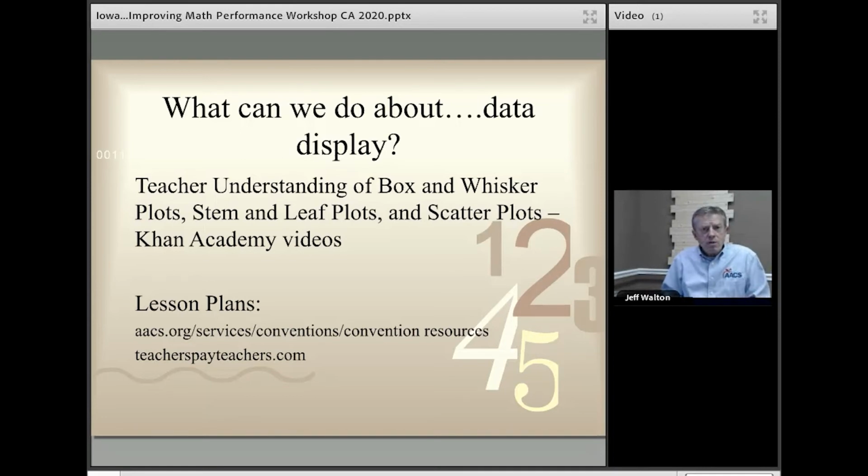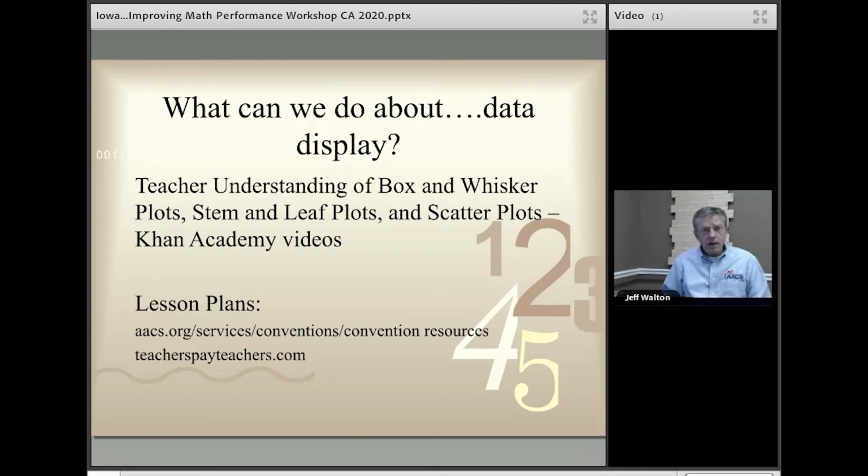So there are a lot of students in the AACS schools that are missing 3 questions on a math subtest, dropping their score by 10 percentile points because they don't understand one of these types of data representation. In visiting schools last fall, I asked to see their math textbooks for grades 4, 5, and 6.